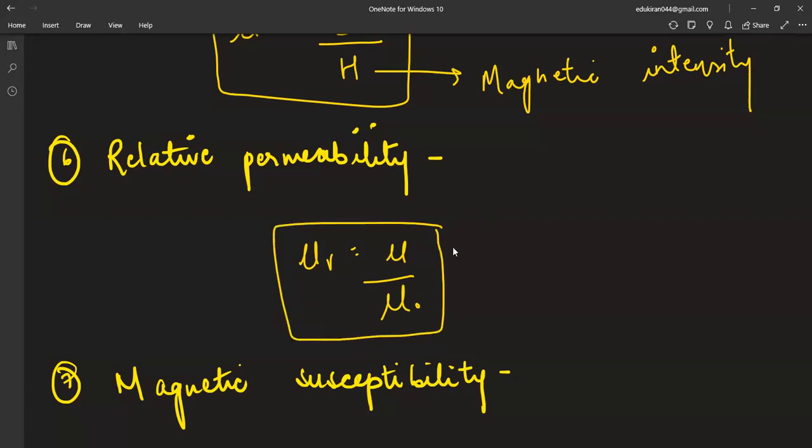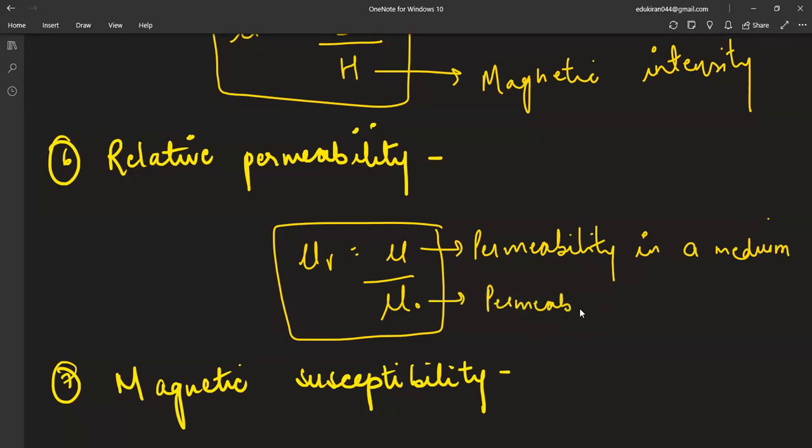That is permeability in a medium, and this is permeability in air.